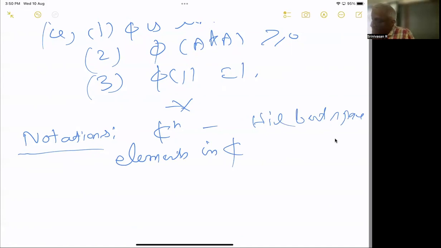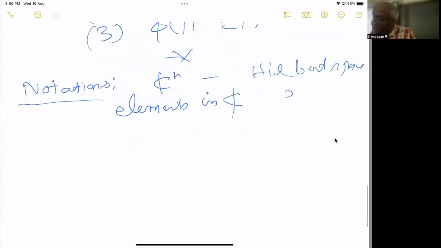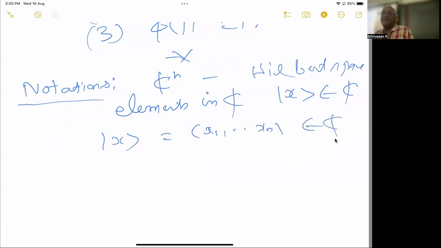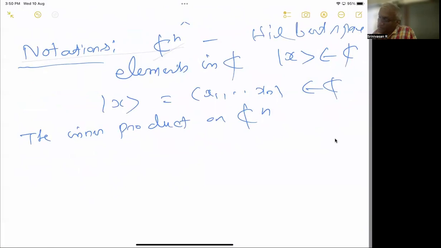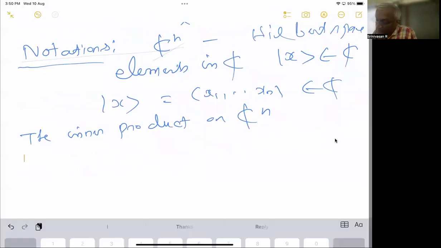Elements in Cn are written like this: if you have an x, then that looks like x1 up to xn. Then the inner product for Cn is written like this. An inner product is a function.